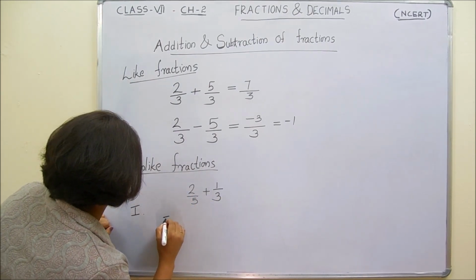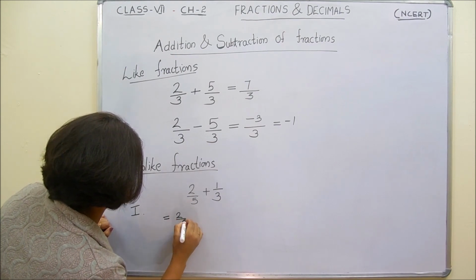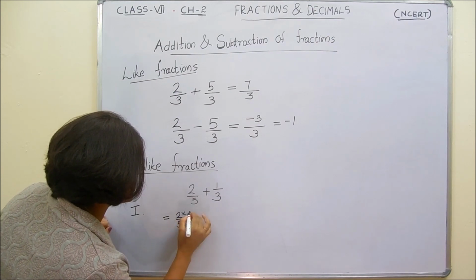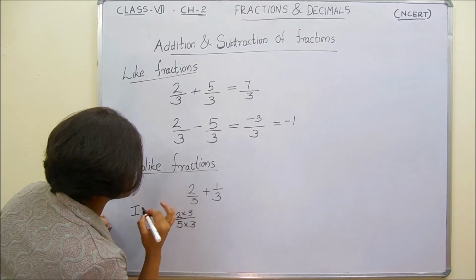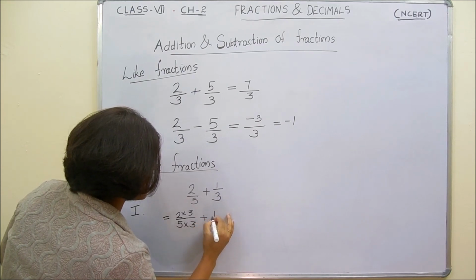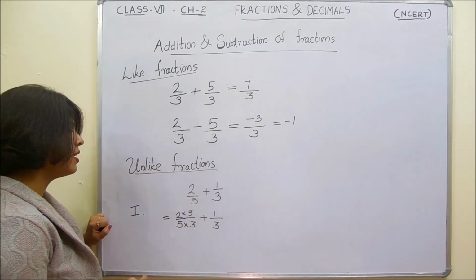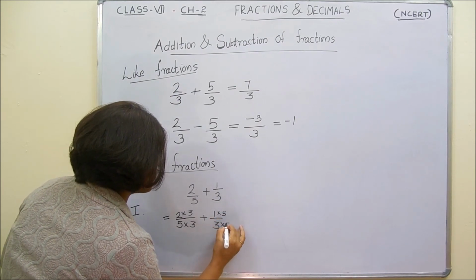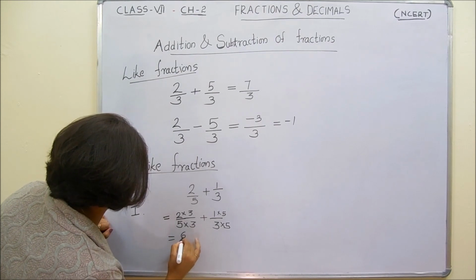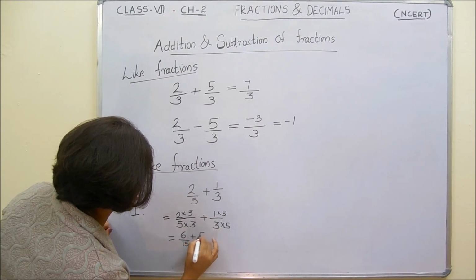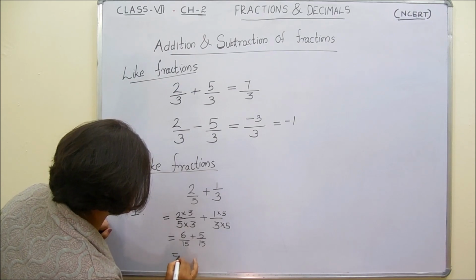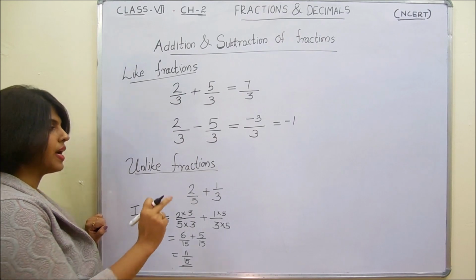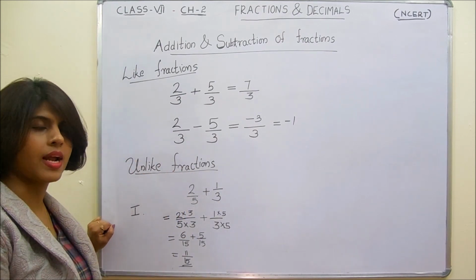So we can multiply the first fraction, both the numerator and denominator, by 3, plus, and in the second fraction, we can multiply both the numerator and the denominator by 5. Then what will you get? That is 6 by 15 plus 5 by 15, which is equal to 11 by 15. This is one of the methods to find the sum of these unlike fractions.